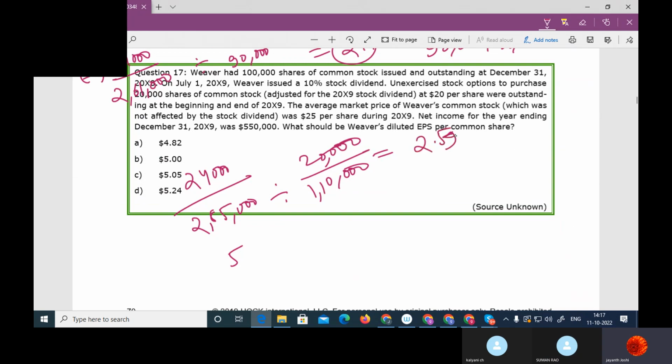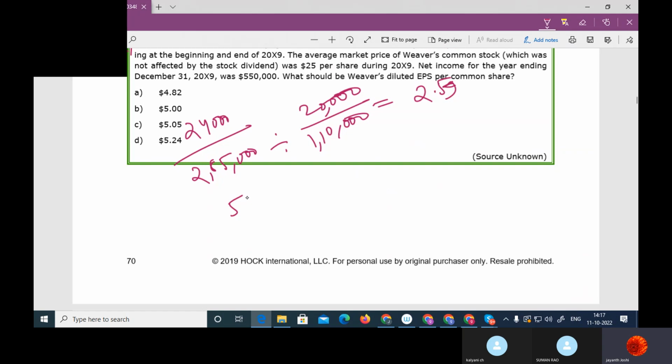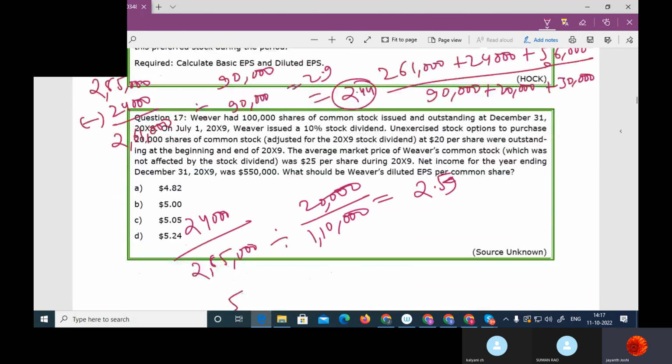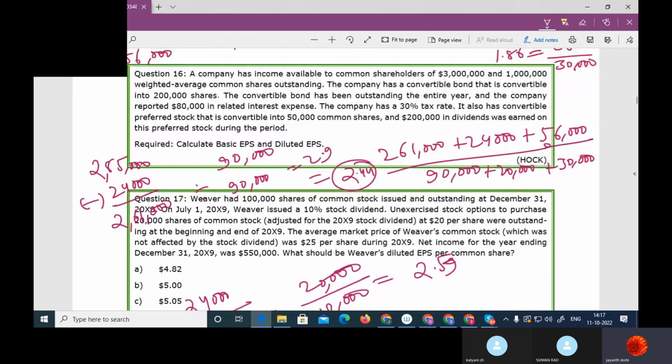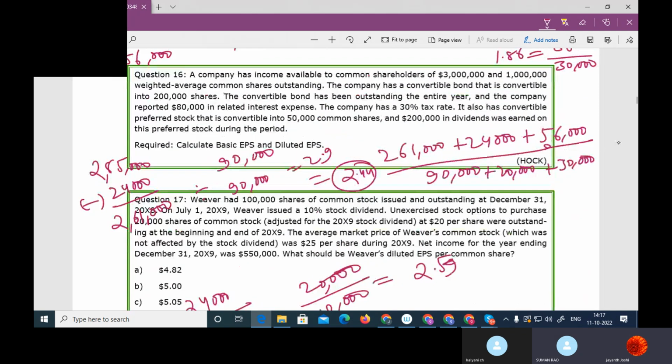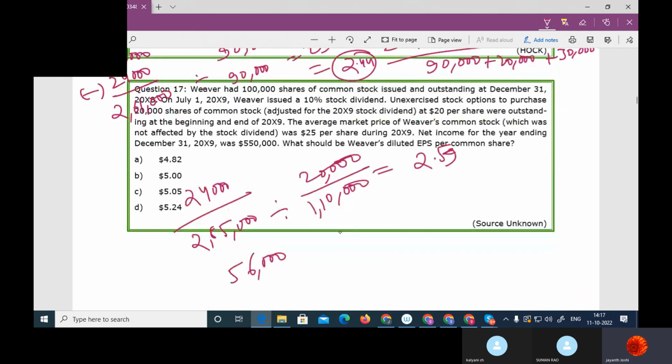But still we have scope for dilution, so the bonds have been converted into equity. So 56,000 we have to add here, correct? I already told you how I got 56,000: 80,000 into 1 minus tax rate. And again it has been converted into 30,000 shares.